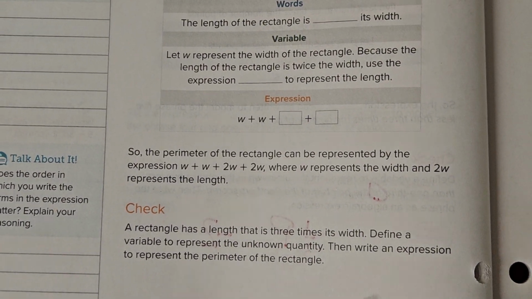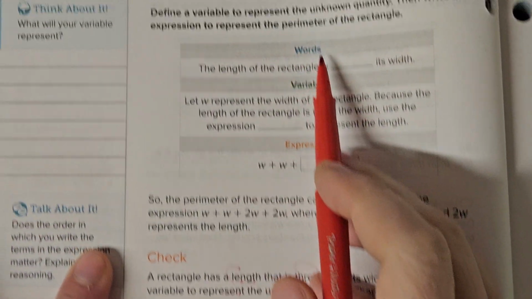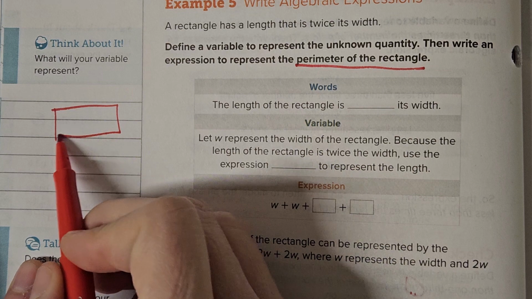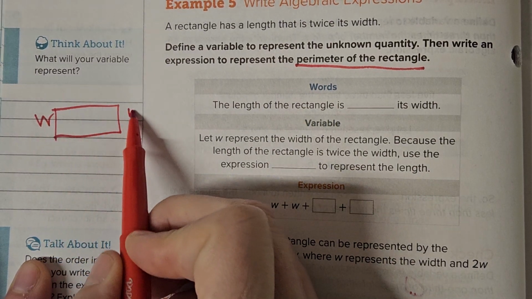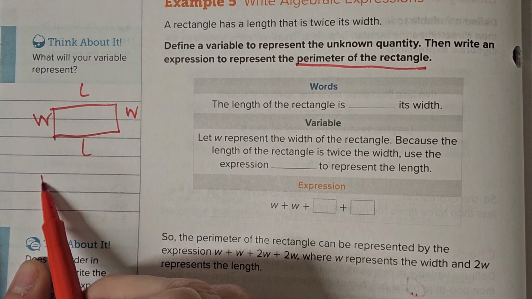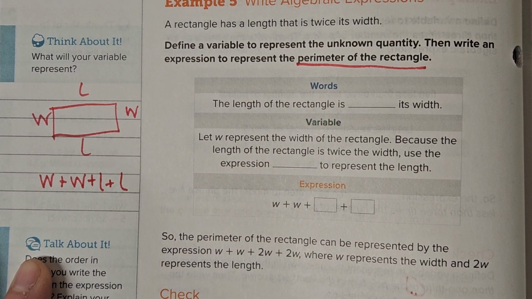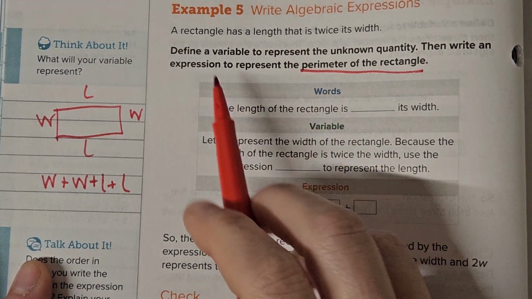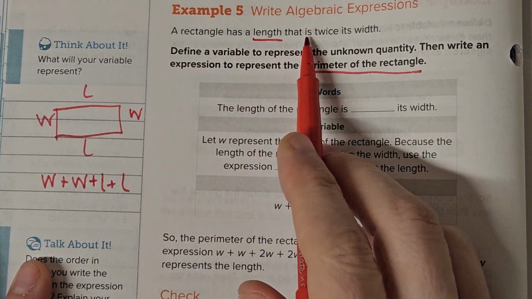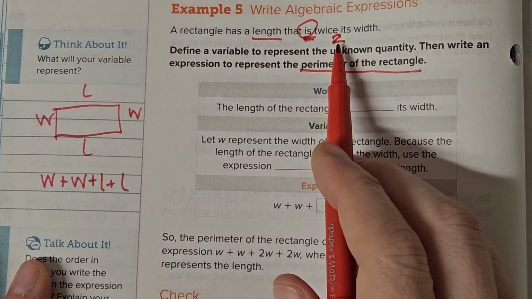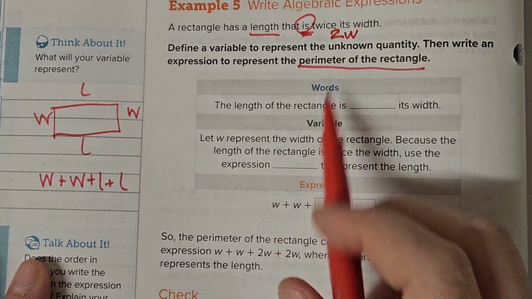Okay. This one, to find the perimeter of a rectangle, or all the way around a rectangle, you have 2 widths, 2 lengths. So you'd have width plus width plus length plus length. Okay? In this problem, it says a rectangle has a length that is, means equals, twice the width. Twice is times 2. Width would be our variable.